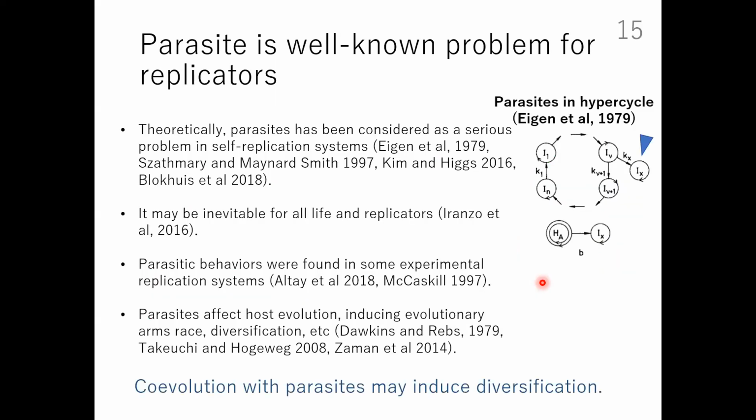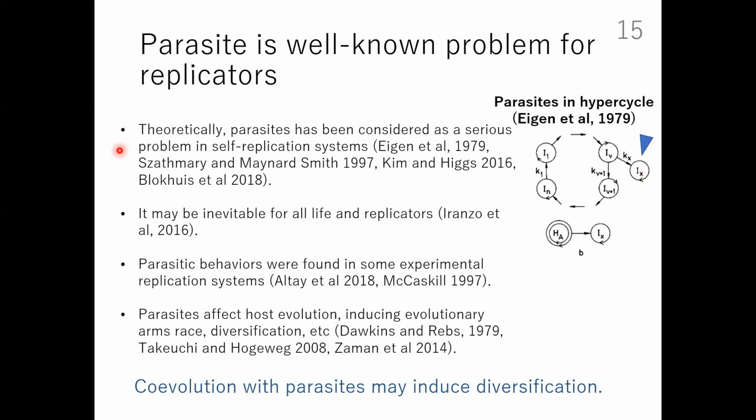And parasitic RNA, parasites in general, is a well-known problem for replicators. Here I show you some literature. Theoretically, parasites have been considered a serious problem in self-replication systems. I think the first example is Manfred Eigen's hypercycle model. This is a parasite. Once a parasite appears, it destroys hypercyclic replication.